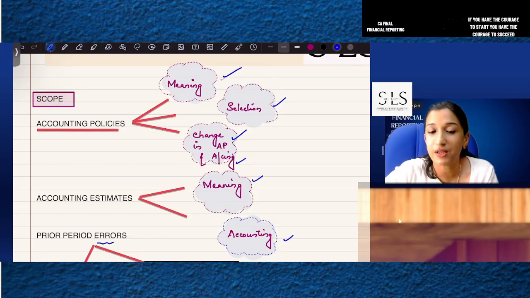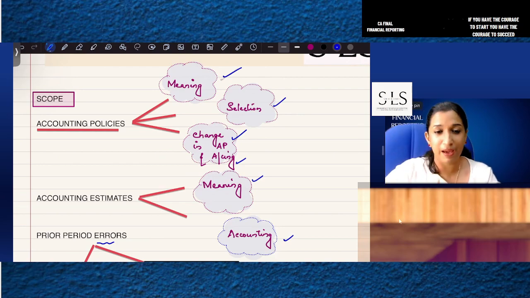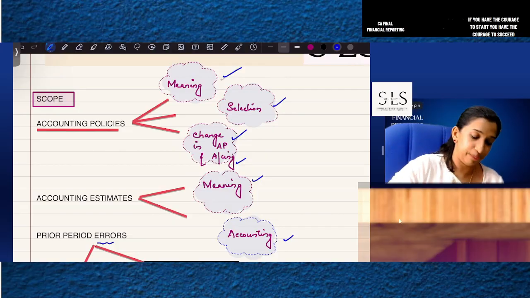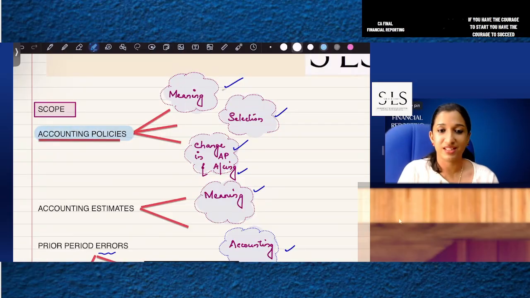But if retrospective application is not practical, apply as far as practical from the earliest comparative period. But if nothing is practical, then you need to account it prospectively. Okay. So that takes care of accounting policies.